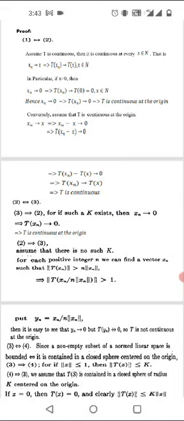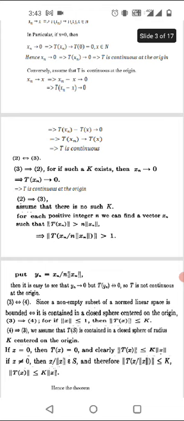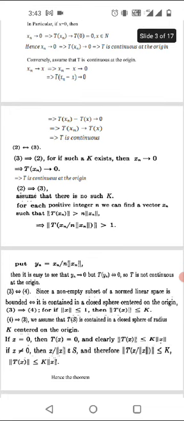Now we choose the sufficient part. For any real number k, such that xn converges to 0 implies T of xn converges to 0, because xn is a sequence that is continuous at the origin. Let us assume that there is no such k. For each positive integer n, we can find a vector xn such that norm of T of xn is greater than n times norm of xn.